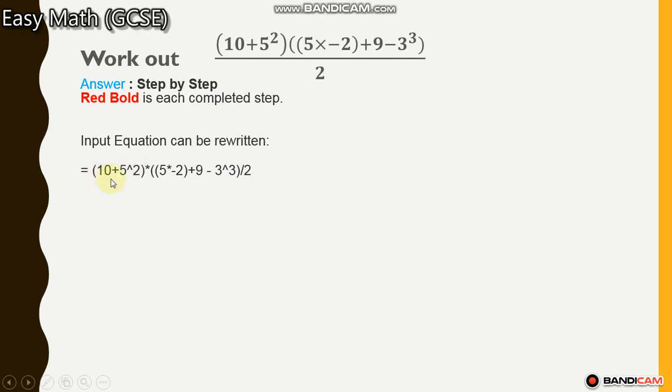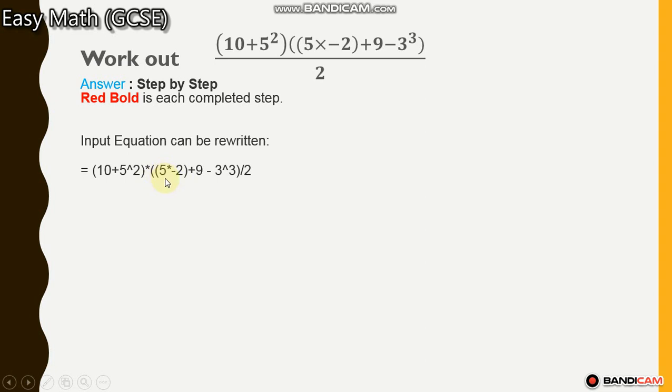So we will start to input: open 2 brackets, 10 plus 5 raised by 2, times, because if you have 2 brackets beside each other, this means multiplication. So in the language of calculator it changes to star, and open another bracket.